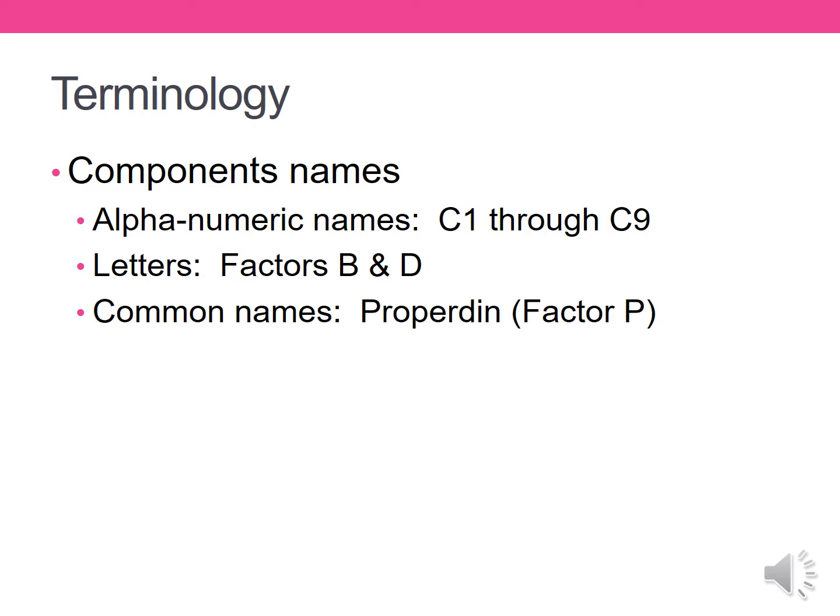We can also use letters, like factors B and D, and common names like properdin, which is factor P. I know medical terminology is not always cut and dry, so I will try to help you along the way as I name these off when we go through the pathways.